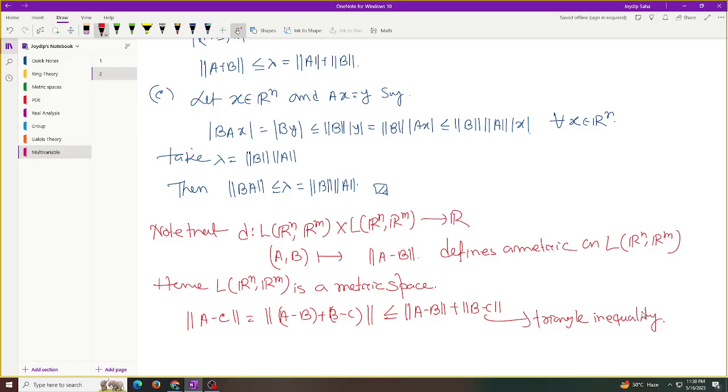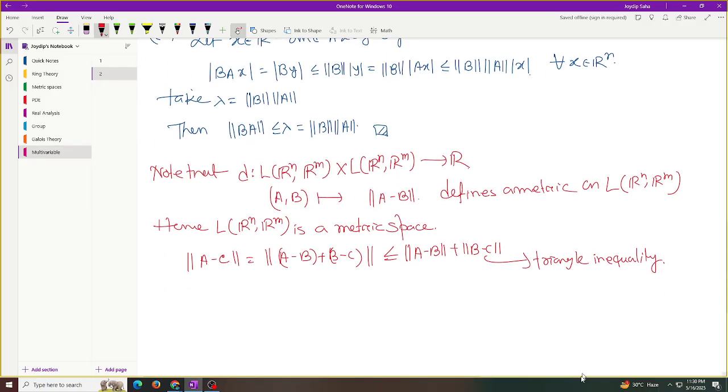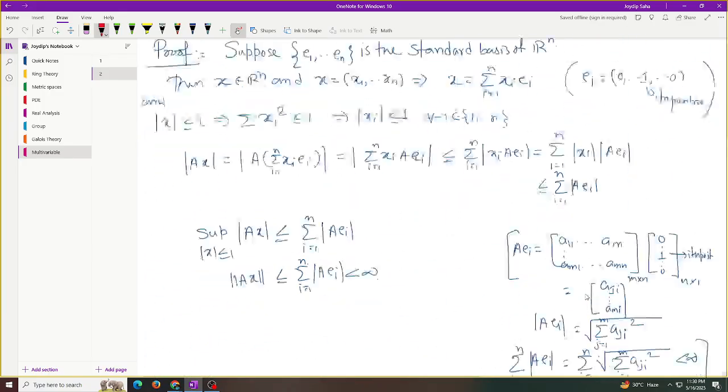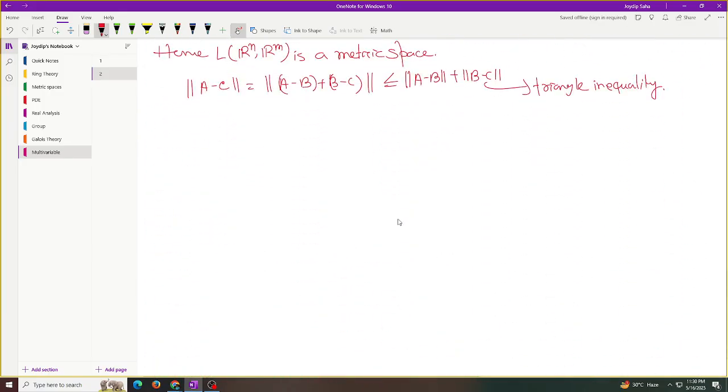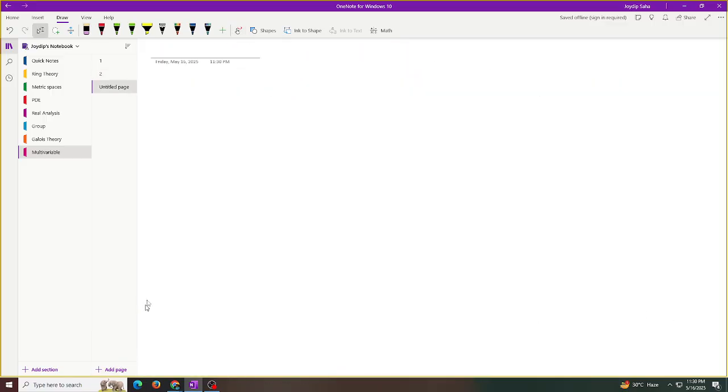Okay, now we come to the very special case. Number 3. Theorem.